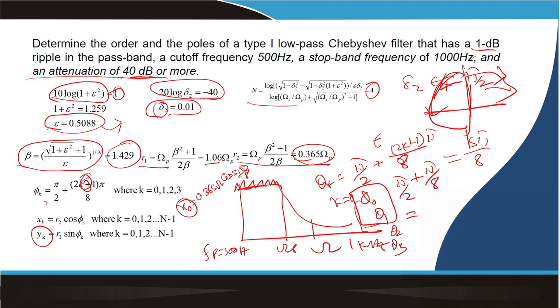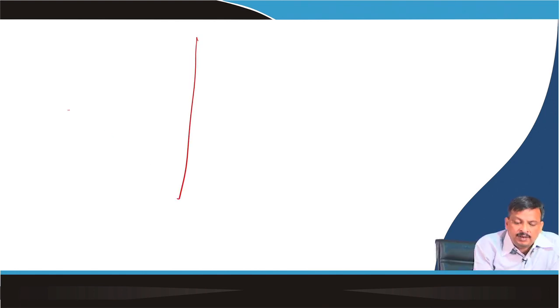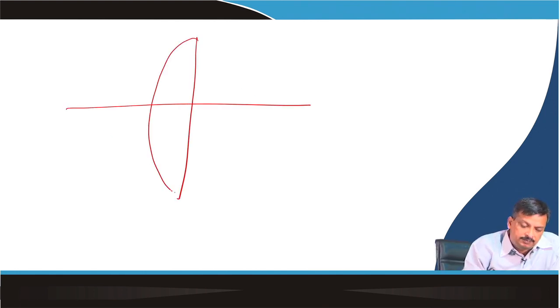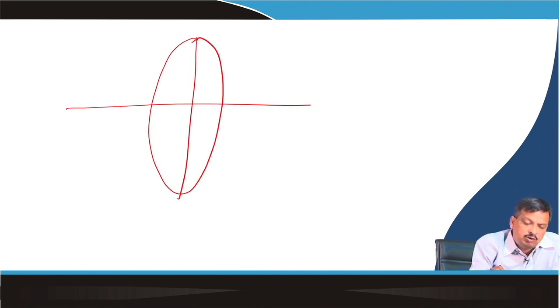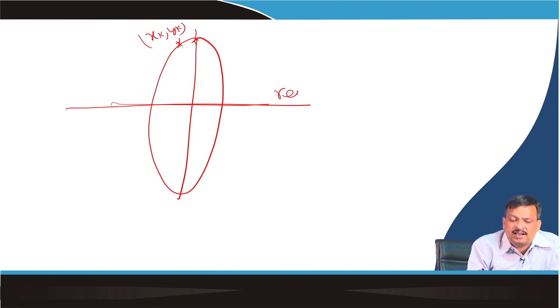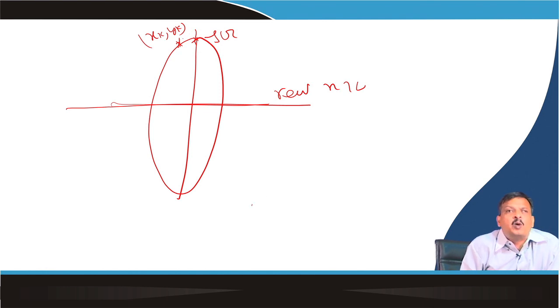What I said is that all the poles are on my left hand side. Let us say this is my S plane and this is my ellipse, and all the poles, let us say a pole in here, is nothing but xk, yk. This is the real axis. The real axis is related to xk, and the j omega axis is related to yk.